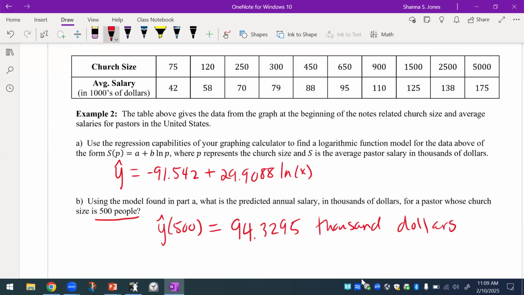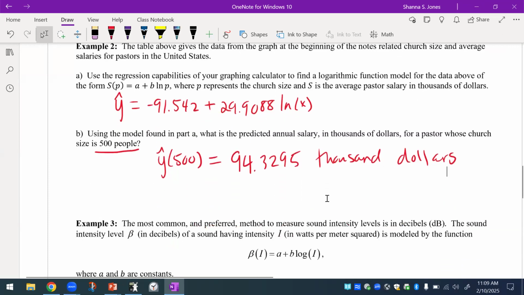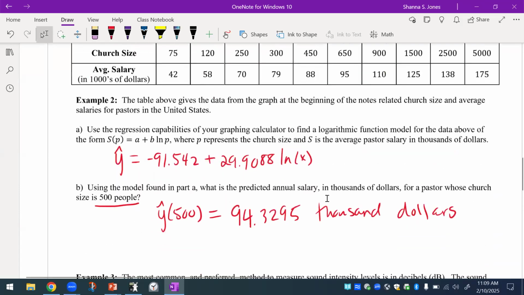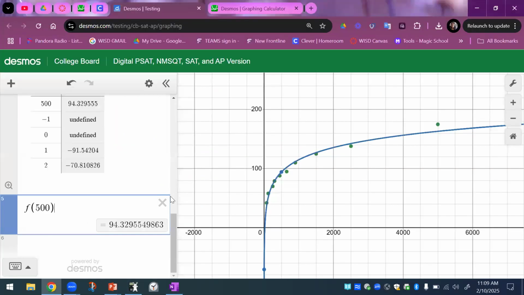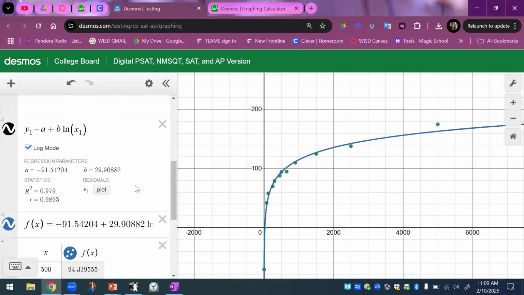All right. Questions so far about using Desmos? No? Can you go back to the FX? Which part? So all I did was copy and paste my A and my B values. It's just ln of x, yes, because that's the function model. Okay. So I copied and then it's like that, right?